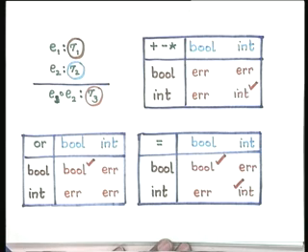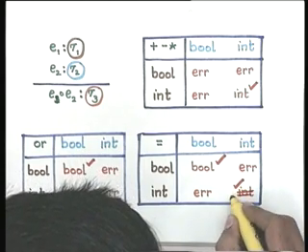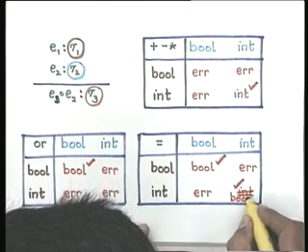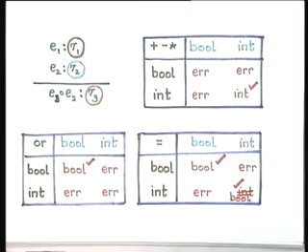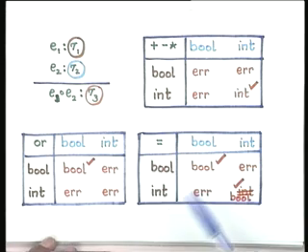So equality of integer and integer gives, oh, I am sorry, yes, Boolean. Sorry, this has to be a Boolean. I made a mistake there. Otherwise it is actually extremely trivial.